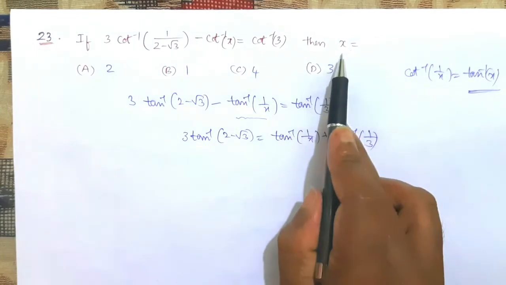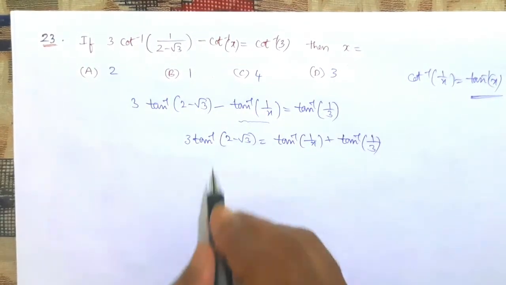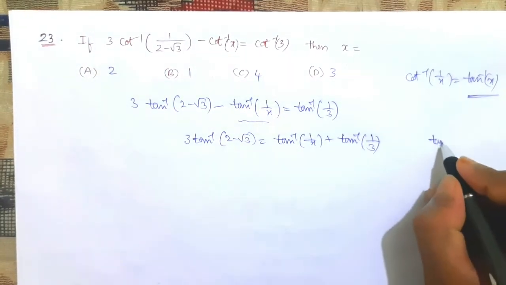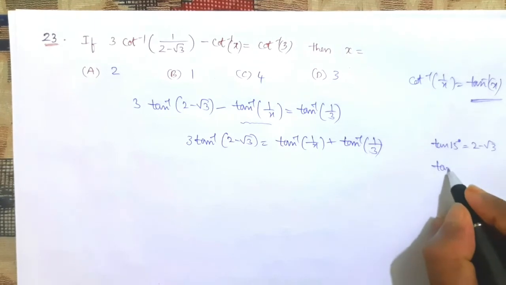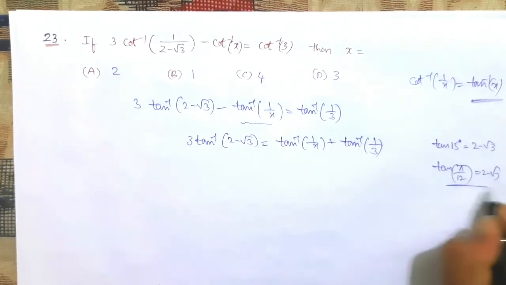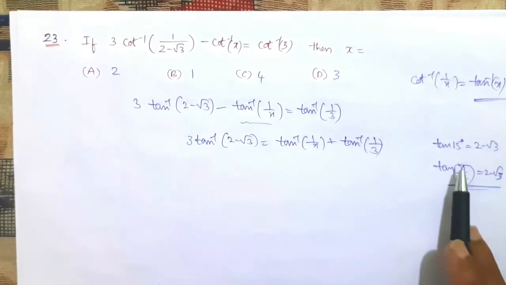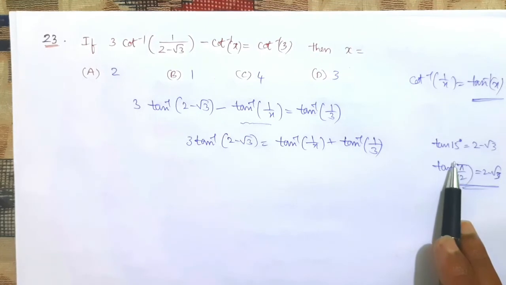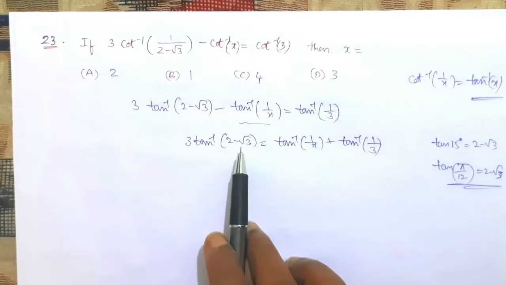Remember, we need to find the value of x. If you remember the values of tan functions, tan 15 degrees is equal to 2 minus root 3, and tan 15 degrees we can write as tan pi by 12. So you need to remember these degree values also, like tan 15, sin 15, tan 75, cos 75. So it will be tan pi by 12.